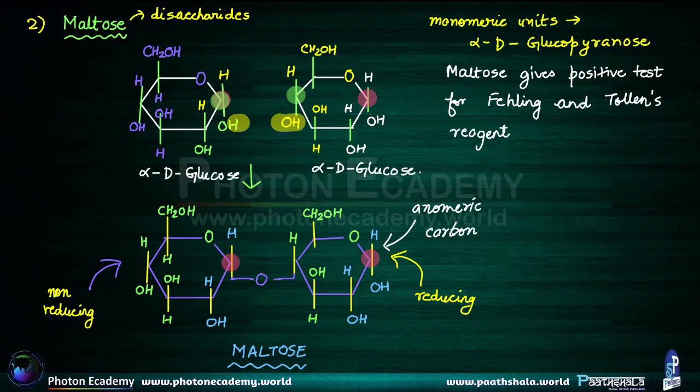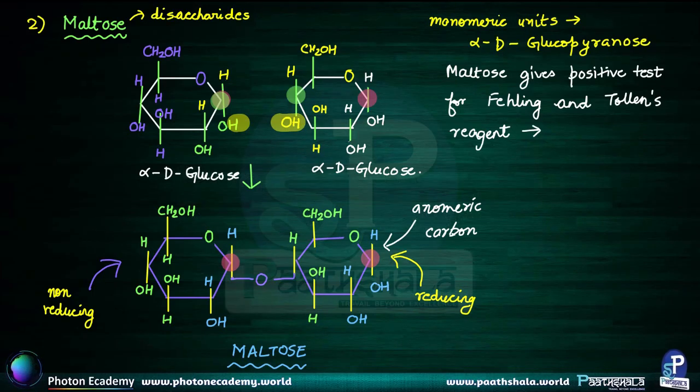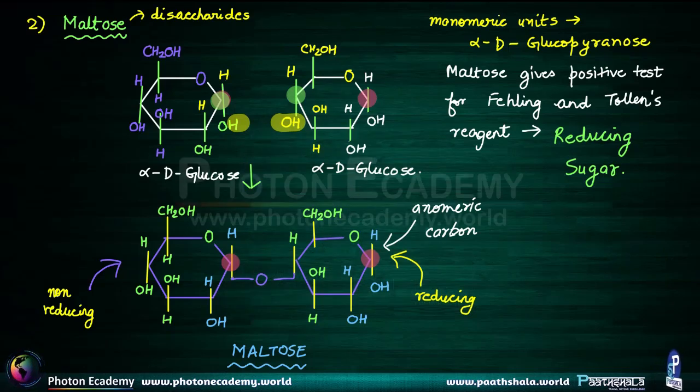So we can clearly see that maltose over here will be a reducing sugar. Now, this point is covered. So the two monomeric units are of alpha D glucopyranose, and since we have anomeric carbon present in the maltose unit also, it is a reducing sugar.